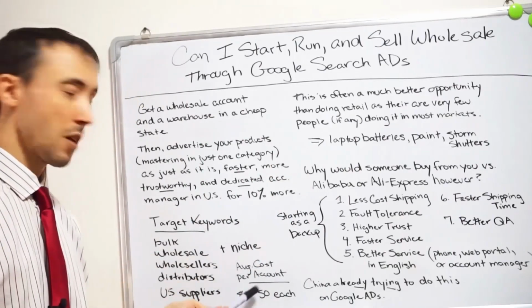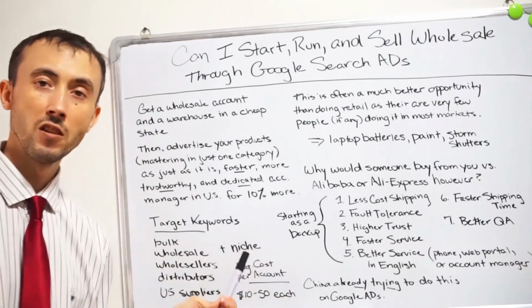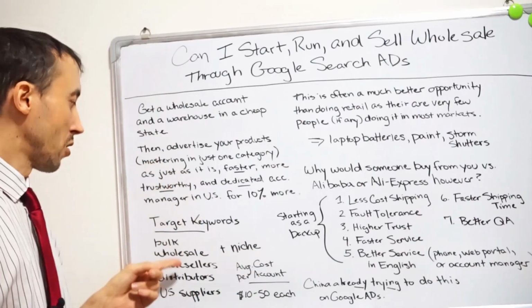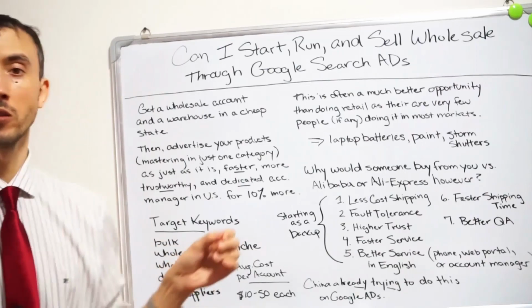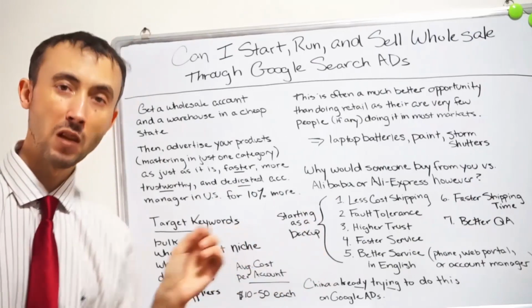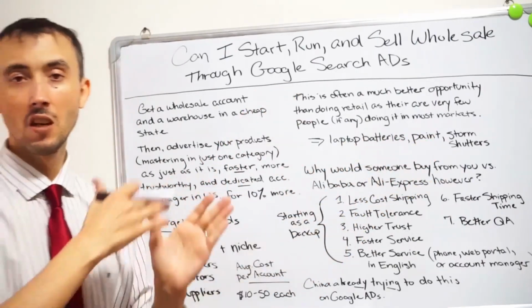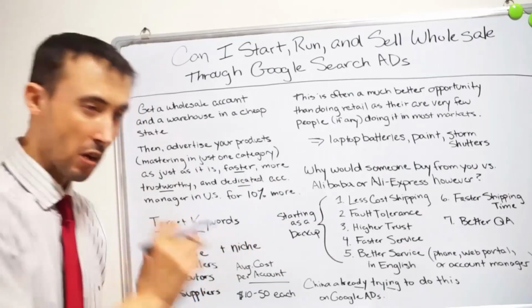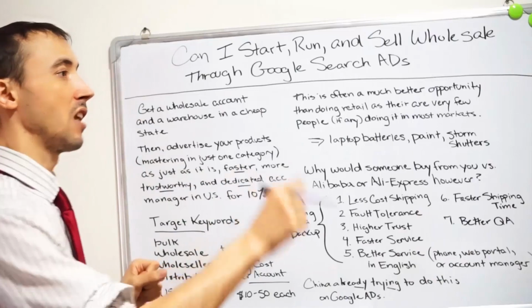But as I mentioned, it's very, very common, $10 to $50 to have somebody search for wholesale storm shutters and find your ad that says wholesale storm shutters. You should have an ad group for every keyword, because there are only so many profitable searches that are looking for a wholesaler, so that you get every possible one you can clicking on your ad.